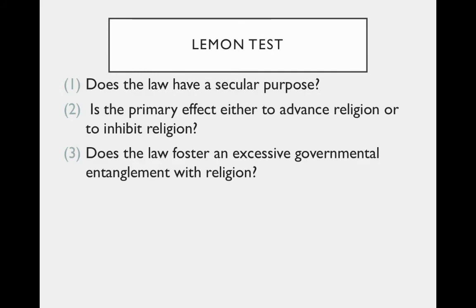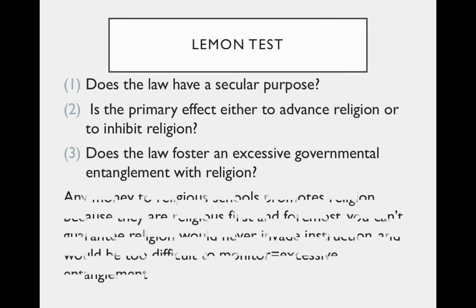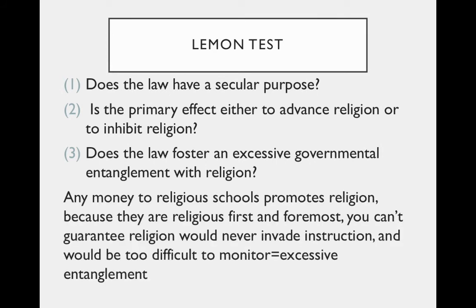The third part is, does the law foster an excessive governmental entanglement with religion? Okay, so let's look at an example here. Any money given to religious schools promotes religion because they are religious first and foremost. You can't guarantee religion would never invade instruction and would be too difficult to monitor, and that would be excessive entanglement.